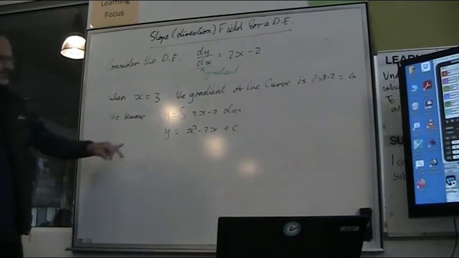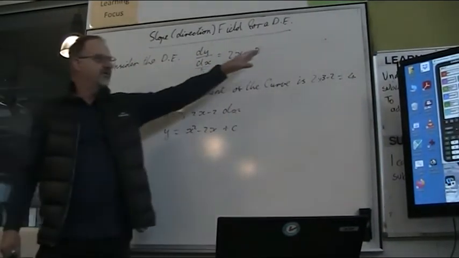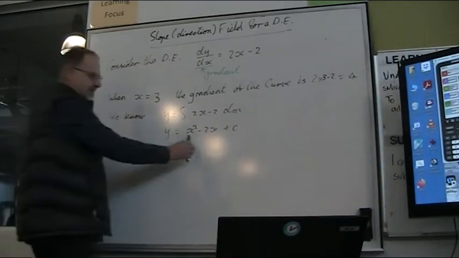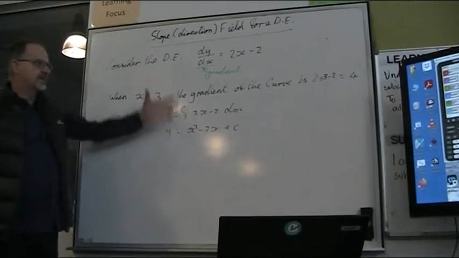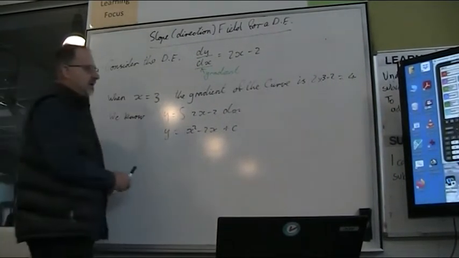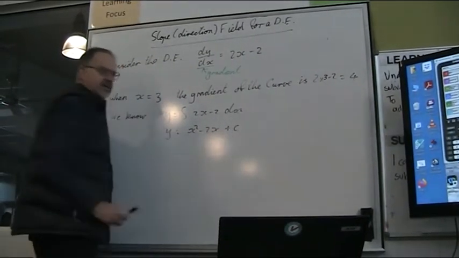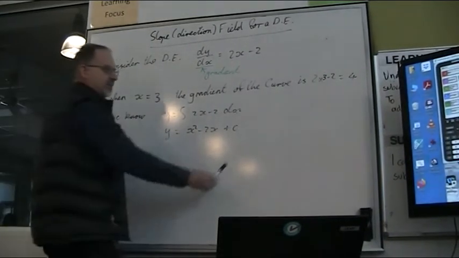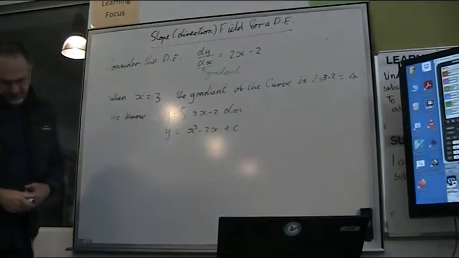And here's the thing we don't know, and we haven't got any information to tell us about that. So we know this is going to be parabola shape, but the question is whereabouts is this parabola going to be? Because we don't have information to work out what this constant is, we don't know precisely where the parabola is going to be, but we do know some stuff about it. We do know that when x is equal to 3, the gradient of it is going to be 4.